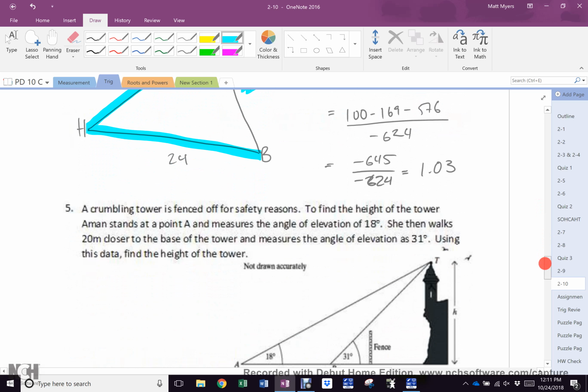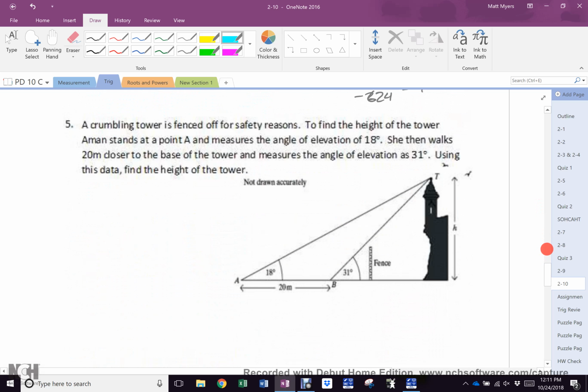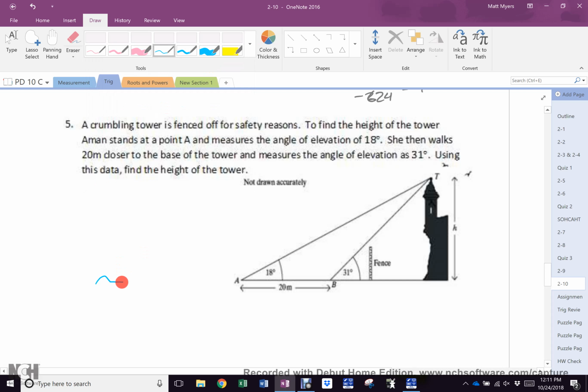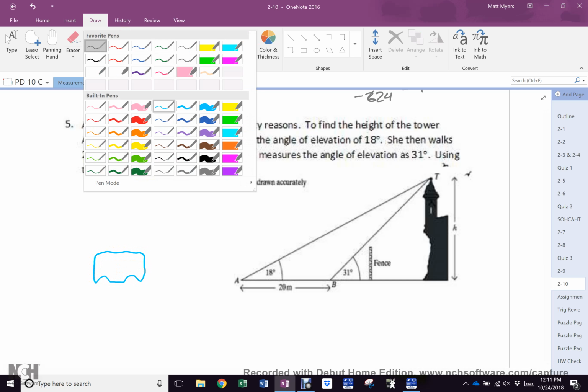And now, my favorite question because it's Halloweeny and it's a spooky tower. It's not just any car.